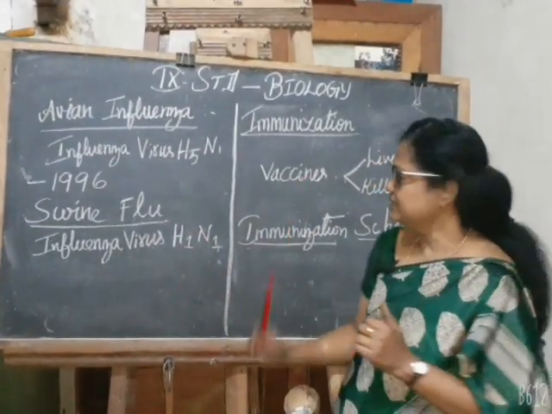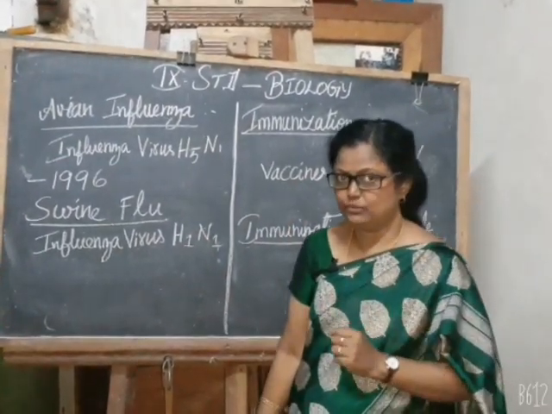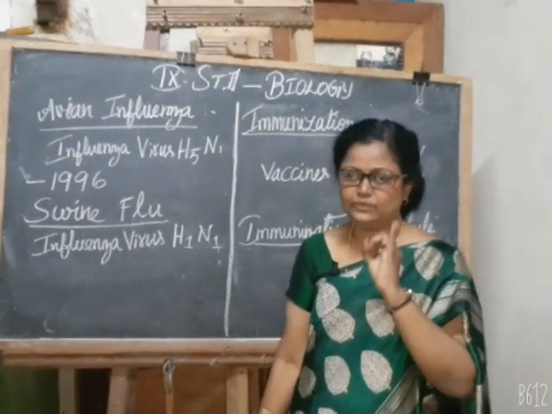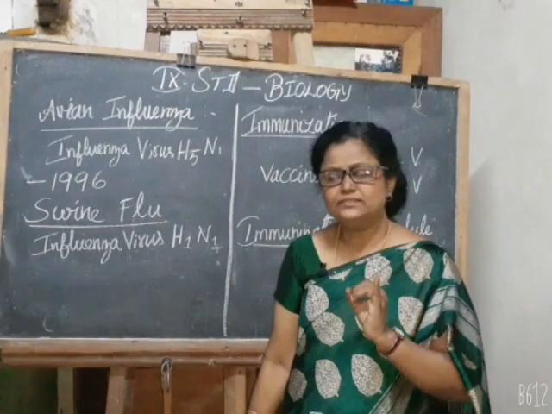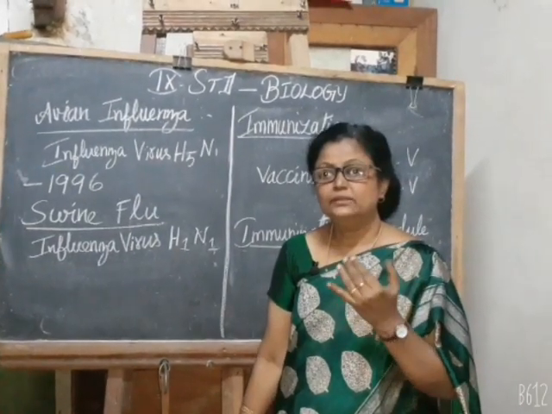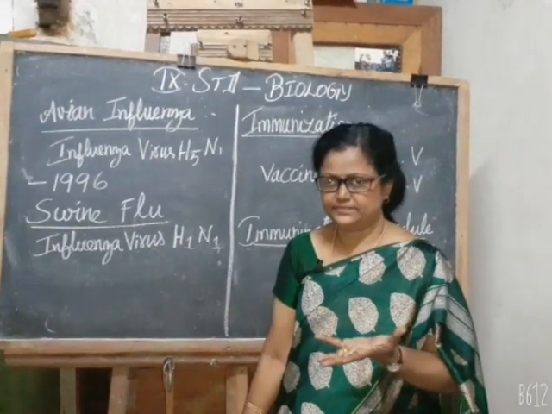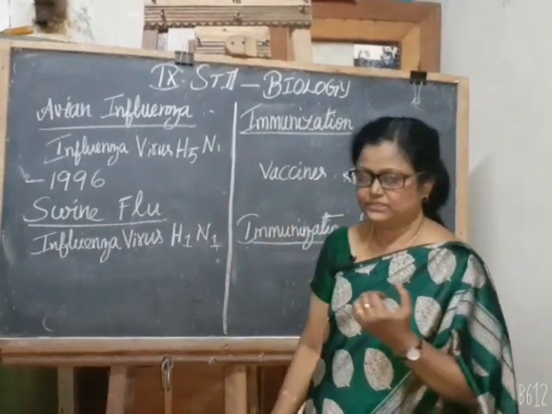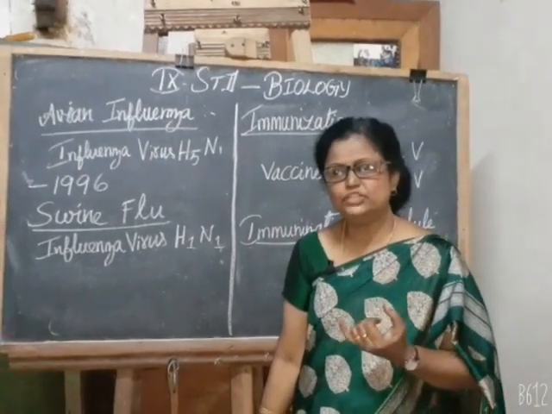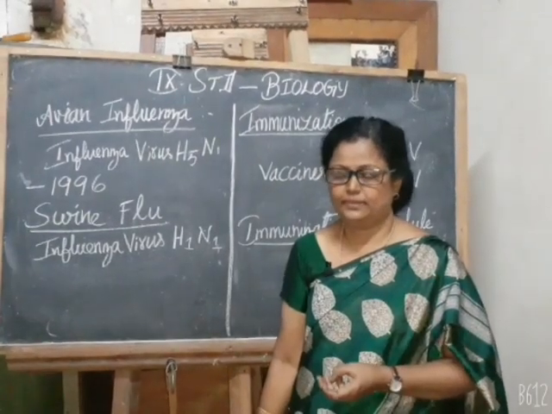The vaccines are divided into two types. One is live vaccine and another one is killed vaccine. The vaccine prepared from living microorganisms is called a live vaccine. Example, BCG and polio vaccine.